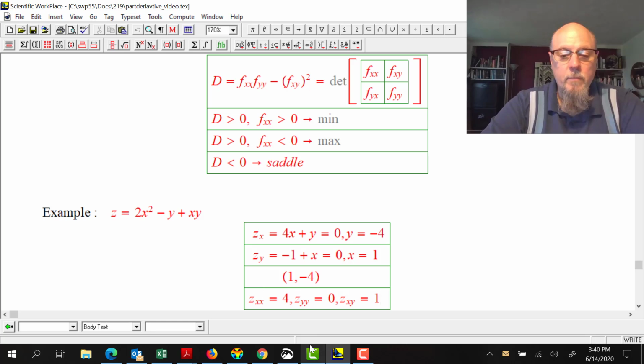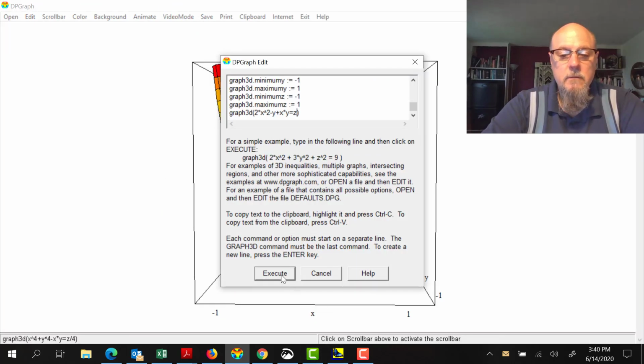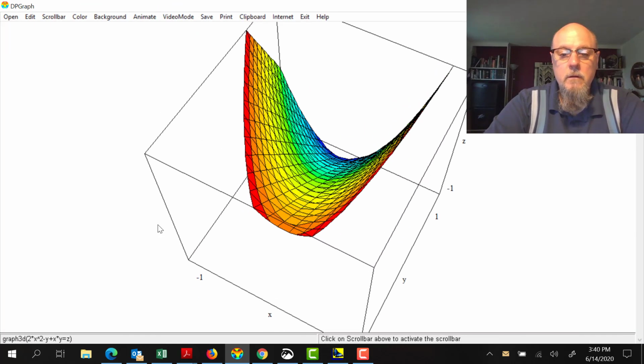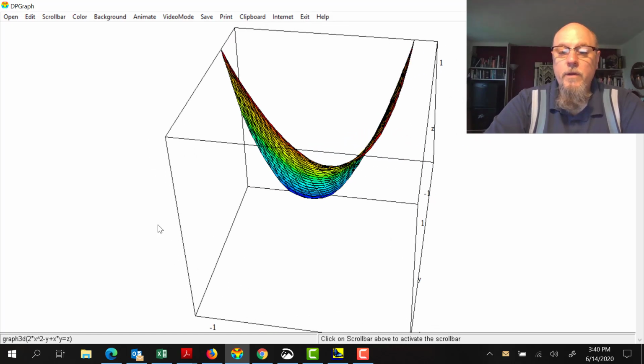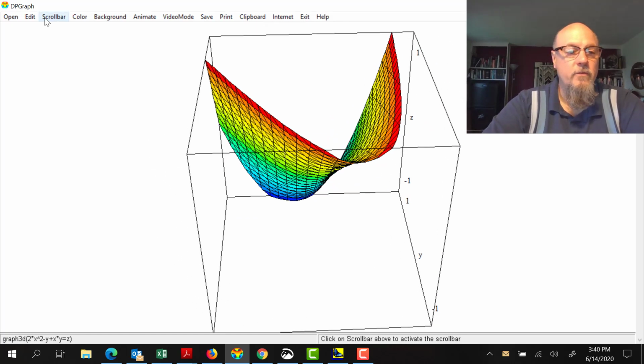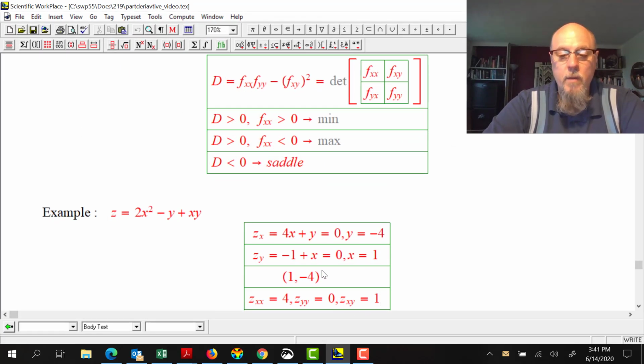Two x squared minus y plus xy. Oh, my window's too small because I only go to 1. So if I want to see this critical point of (1, -4), I got to make the window, how about all the way out to 5?